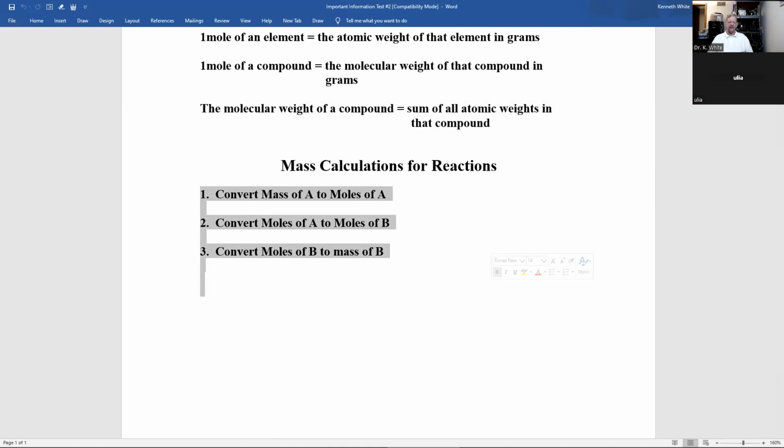Then the second step, the moles you just calculated, you convert to moles of where you're trying to get to, that compound. And now the moles that you just calculated in step 2, use in step 3 to convert the moles of that to grams. Remember, mass means grams of B, where you're trying to get to.